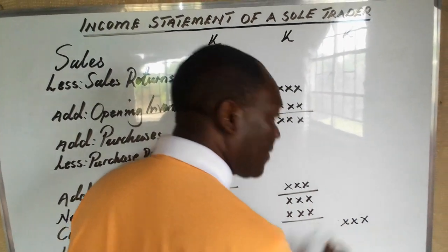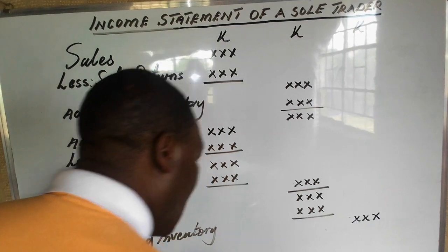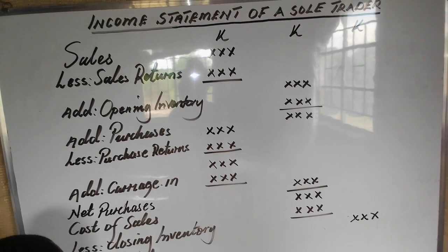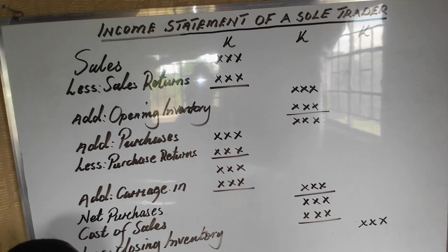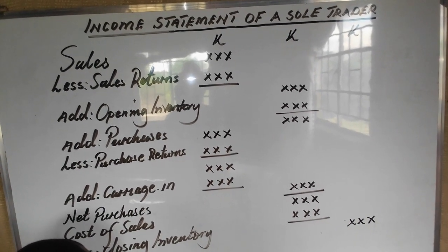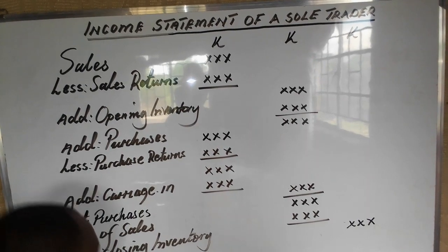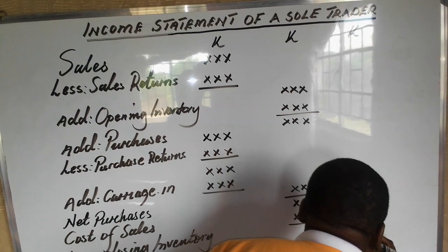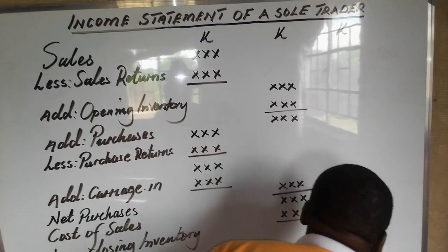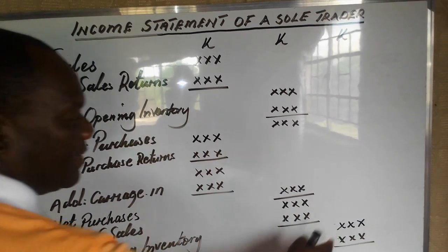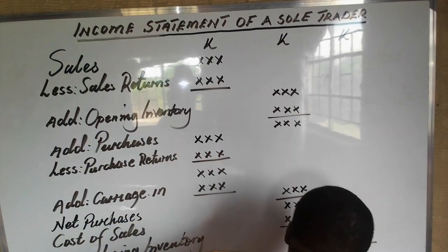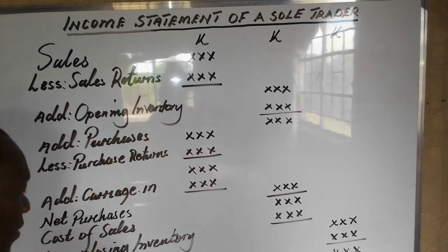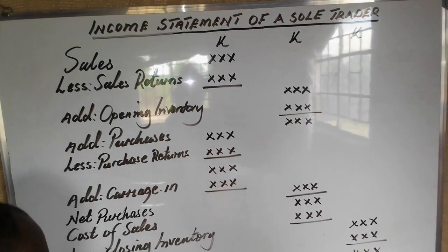So to this one, you say add gains. Add gains here, okay? So you put it there. So when you add this and this, it will give you this figure. This is called adjusted gross profit.